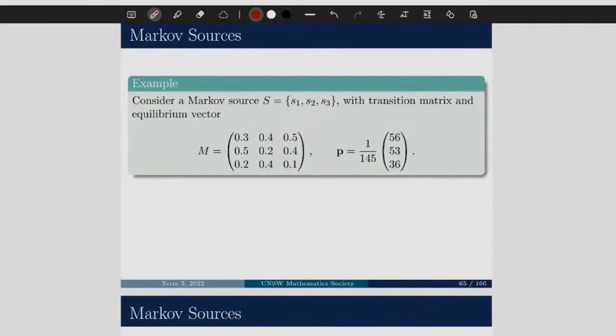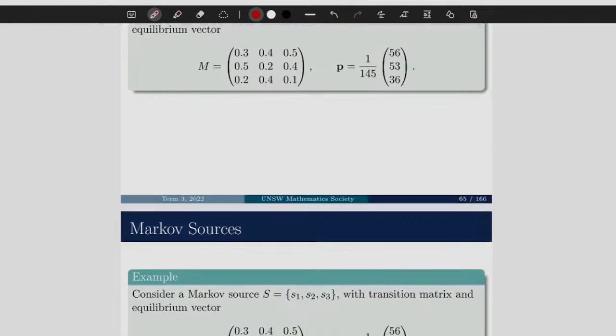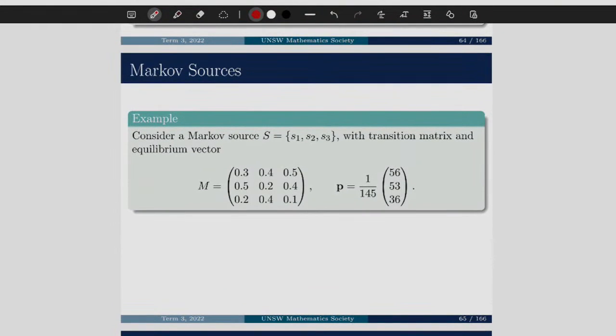Okay, with this example, right, we have a Markov source with a given transition matrix and an equilibrium vector, right? And what I'm going to state really, really quickly is I know that the first column is 0.3, 0.5, 0.2. So what we're essentially saying here is that the probability of S1 after S1 is going to be 0.3, whereas the probability of the next one after an S1 is supposed to be 0.5, and same with S3, that's going to be 0.2.